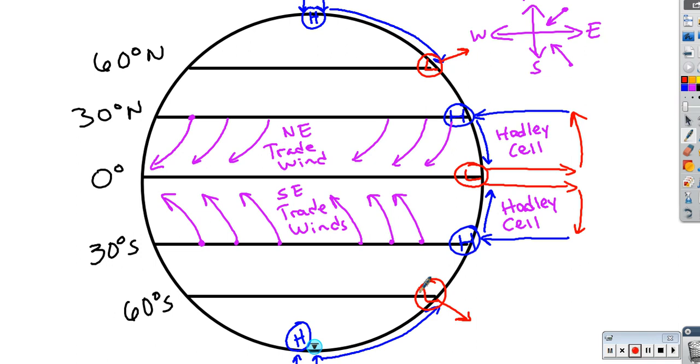And we'll complete this cell by wrapping it back up here. And these are called the polar cells.